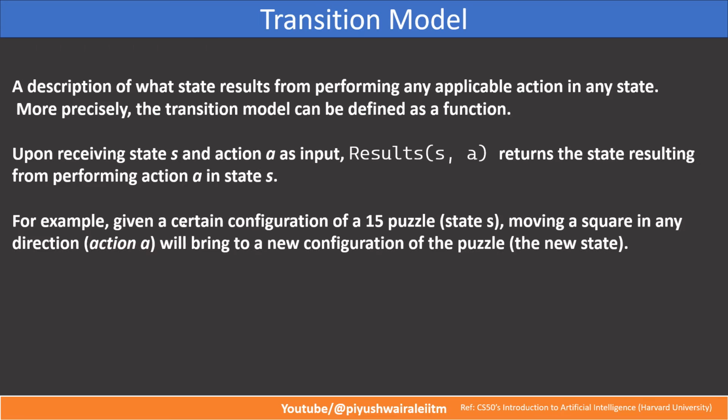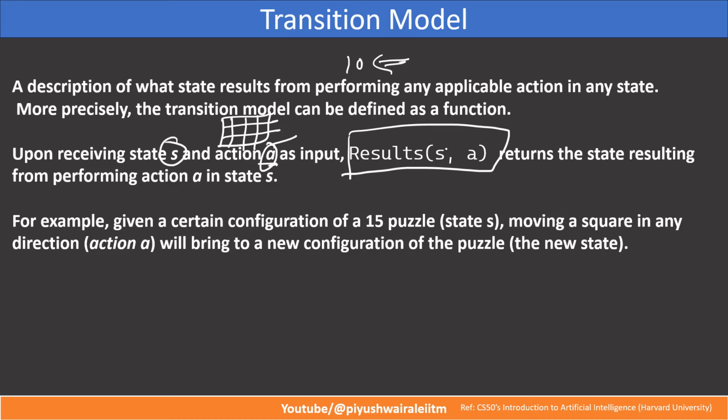Now, what is the transition model? Here you can see we give a particular state and an action A as input. We have a particular initial state with different blocks like this, and action A as an input. For example, in the previous slide, the input is to move this 10 to the left. This result function acts as the transition model.